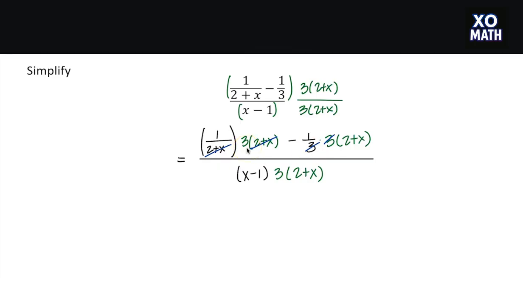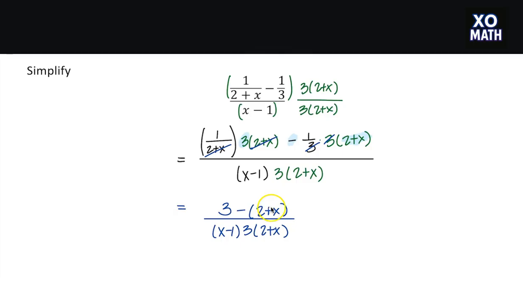What we have left in the first term is just a 3, and in the second term we still have that subtraction, so we have minus the quantity 2 plus x, and then all over on the bottom we have the factor x minus 1 times 3 times the quantity 2 plus x.